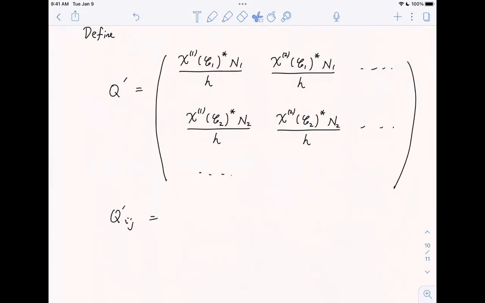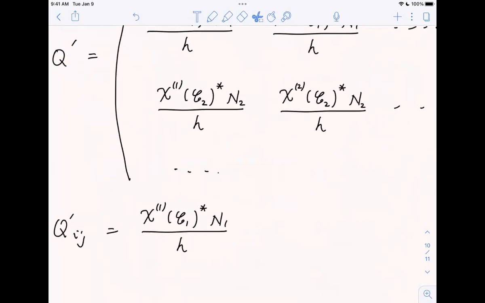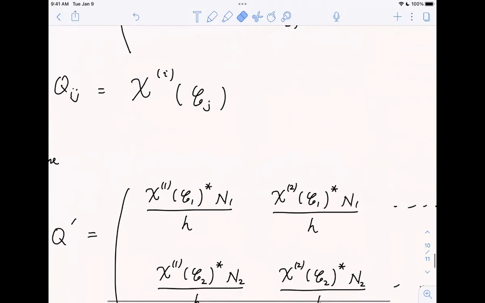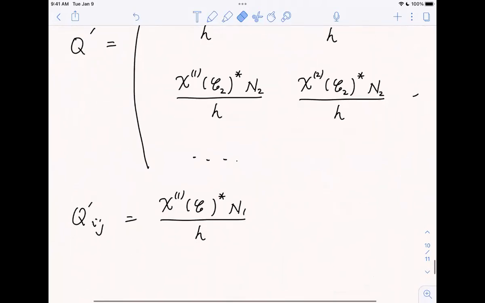So basically, if you take the element ij, here the j is going to the row. Okay, so this is j. Sorry, let me see. I, then this is the j.